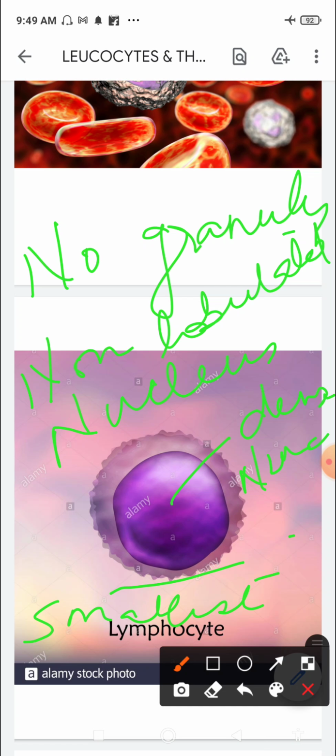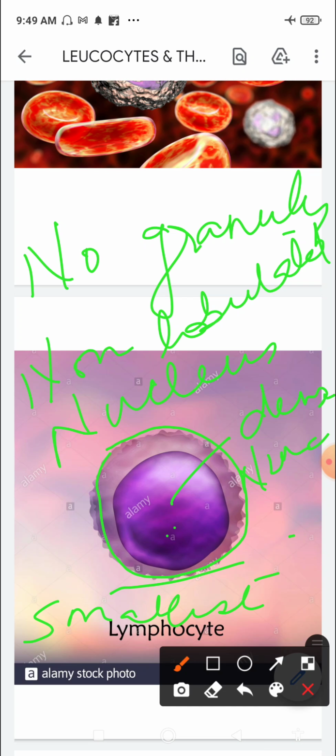There are no lobules present in the nucleus, and surrounding the nucleus is the cytoplasm, which does not have granules. The maximum space in the cell is occupied by the nucleus. That is why we say that the nucleus is dense. Just a thin layer surrounding the nucleus is the cytoplasm.